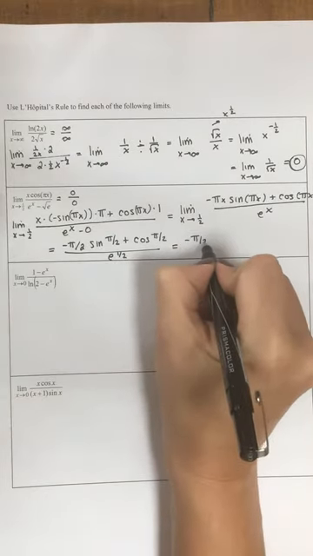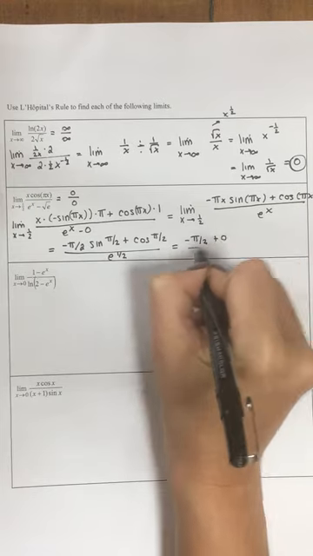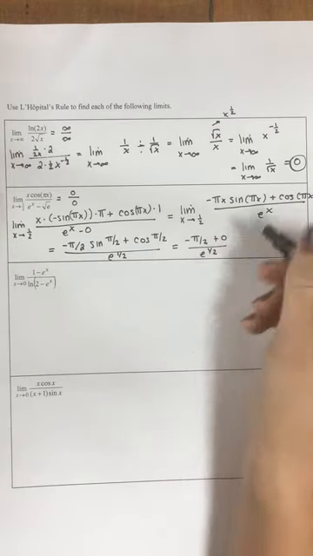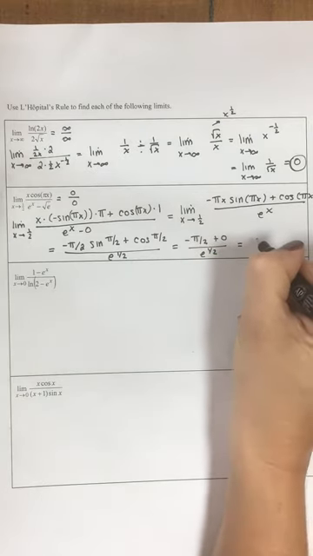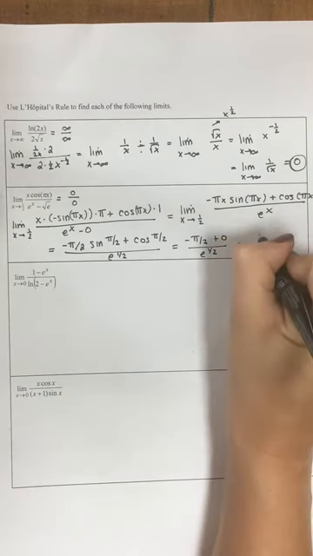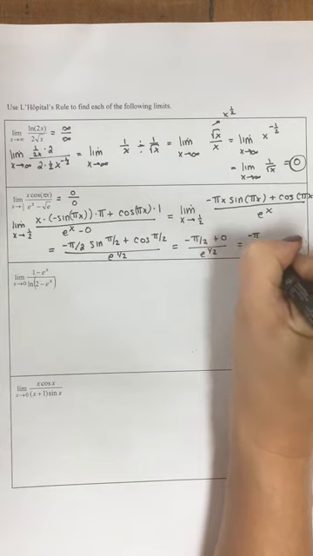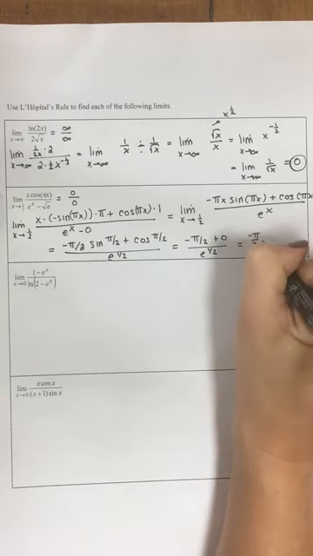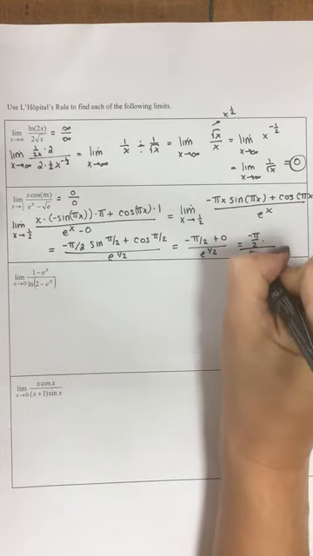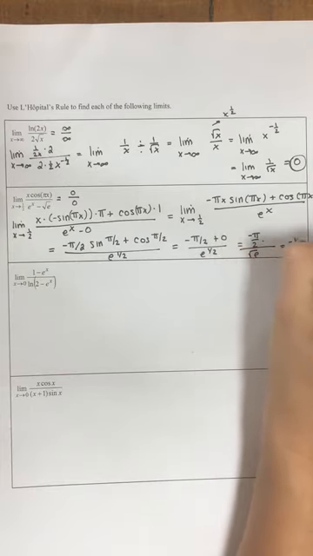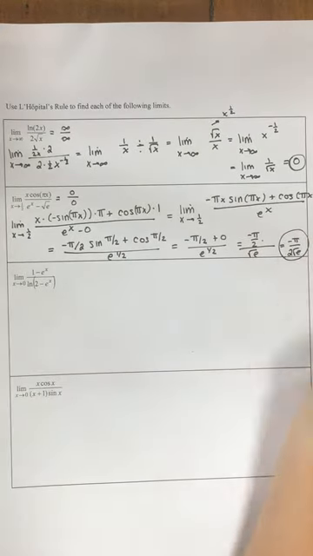So that's just negative pi over 2 plus 0, over e to the 1/2. So this is just equal to negative pi over 2 over square root of e, which is negative pi over 2 square root e. That's the value of this limit.